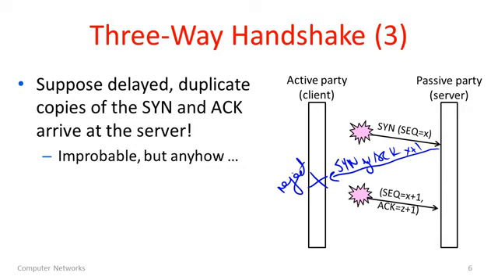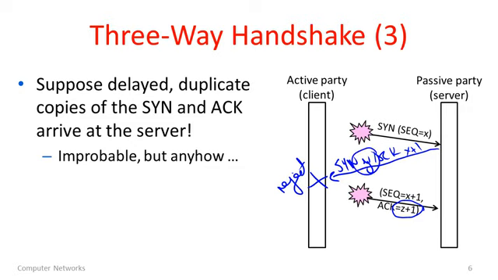Nonetheless, because we're imagining that both of these packets have been delayed and duplicated, the second segment will arrive at the server as though in answer to the server's packet. What will happen? Well, the server will look at this packet and the ACK number here will be wrong. If this was a previous connection and we're choosing different initial sequence numbers each time, then the ACK here will be for some previous number Z plus 1.